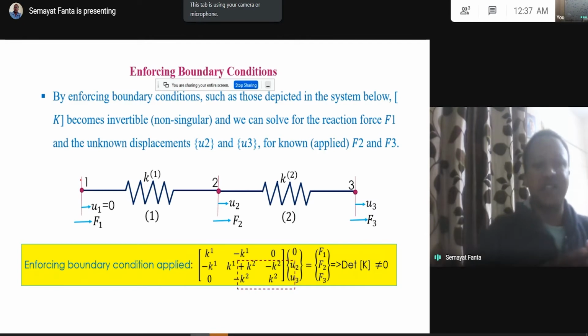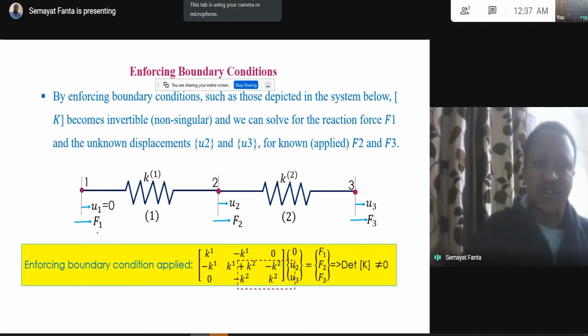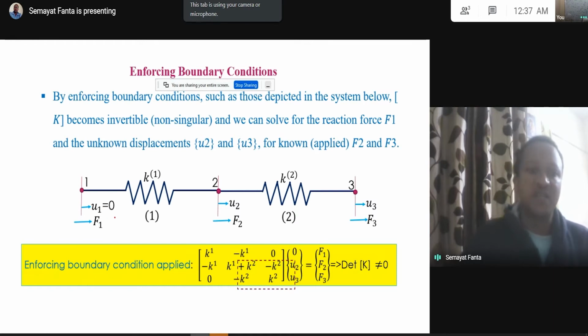If it is fixed at node 1, then node 1 has no displacement, it cannot move, so the nodal unknown U1 is 0. This is the boundary condition. So once node 1 is fixed, U1 is 0. Let's put 0 in the place of U1 here.